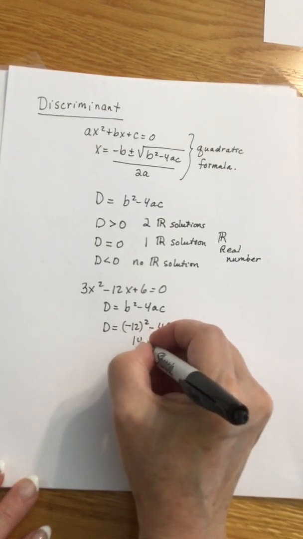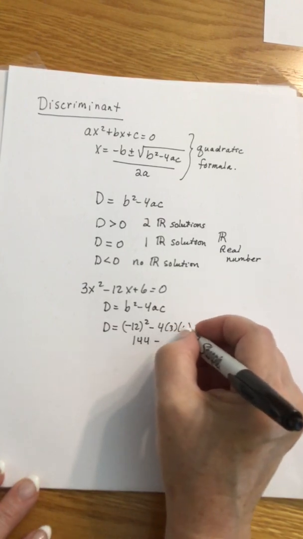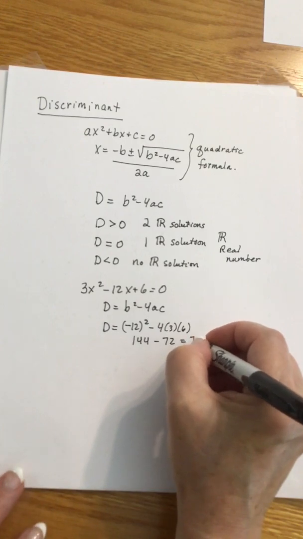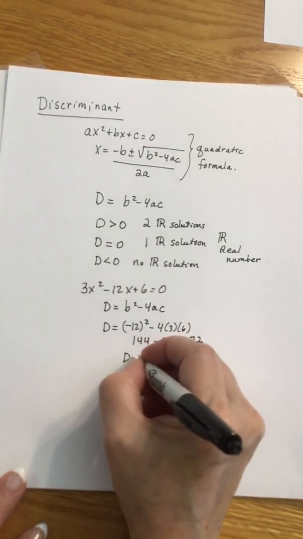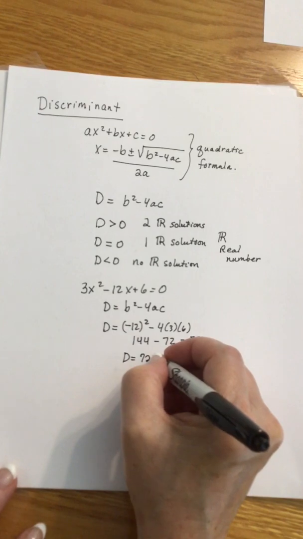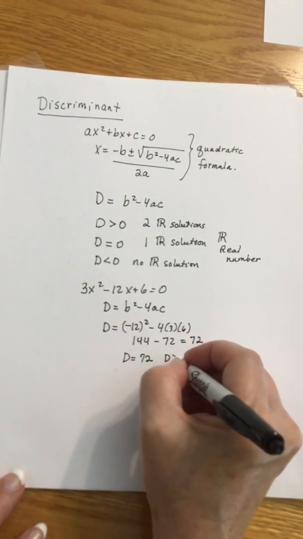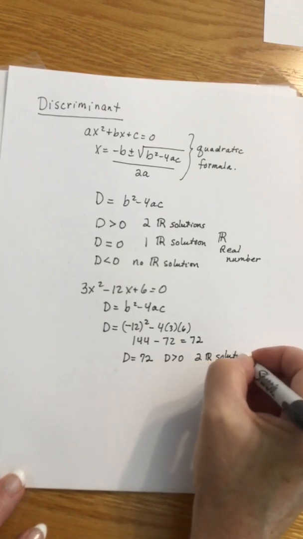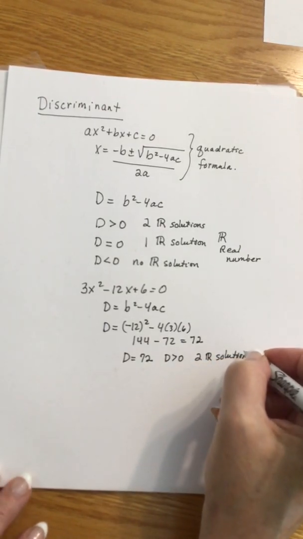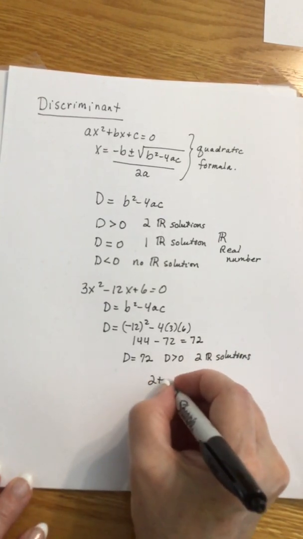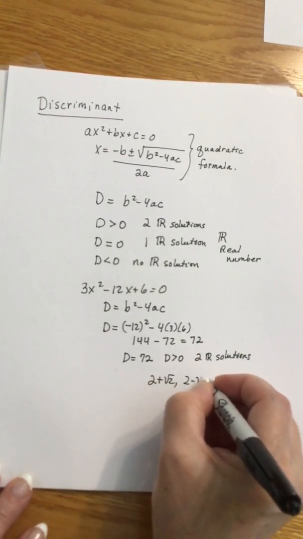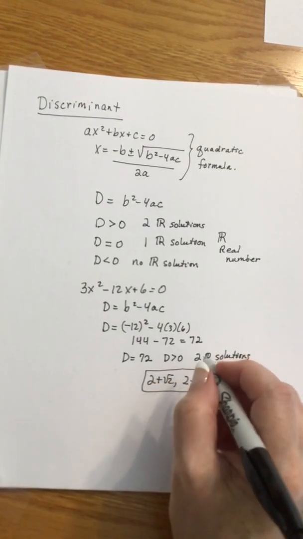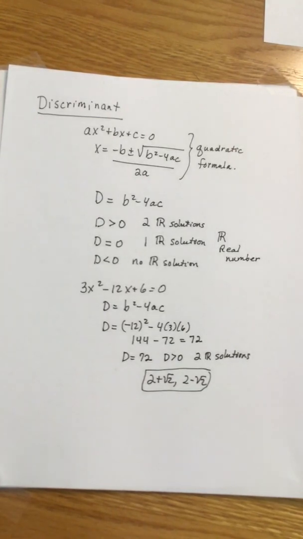And we said this was 144 minus 12 times 6, 72, which gave us 72. So if the discriminant is equal to 72, that 72 is a positive number. So that would be d greater than 0, so we would have two real solutions. And if you look back at what you got, again, we did get 2 solutions: 2 plus square root of 2 and 2 minus square root of 2. So the discriminant just tells us what kind and how many.